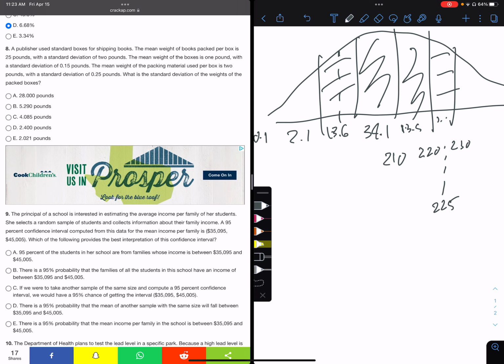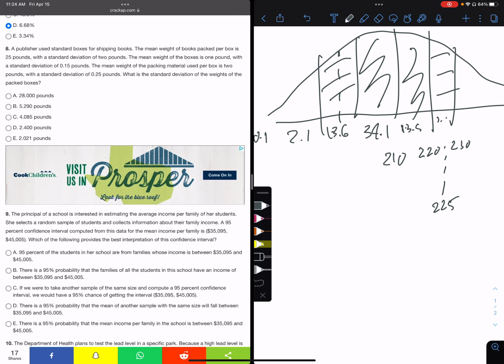Standard deviation of the weights. Mean weight of books packed. Standard boxes for shipping books. Mean weight of the books packed per box is 25, with a standard deviation of 2 pounds. Mean weight of boxes is 1 pound, with a standard deviation of 15. The mean weight of the packing material.